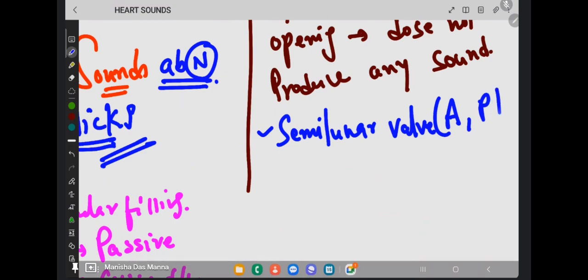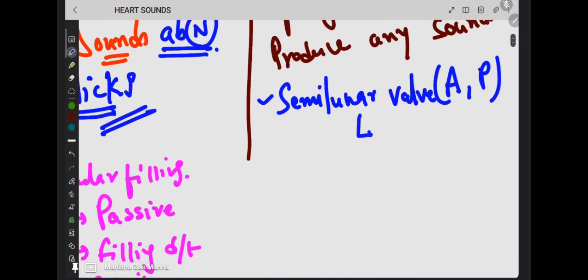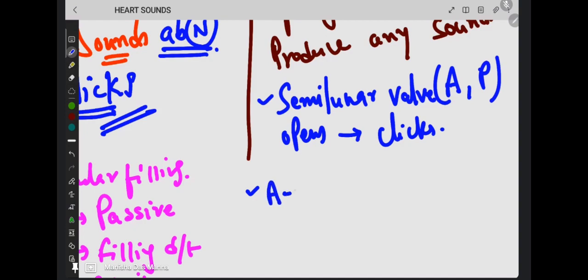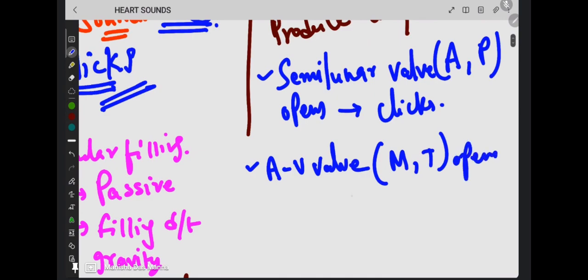If the semilunar valve opens, sorry, I'm extremely sorry, if the semilunar valve opens, it leads to clicks. And if an atrioventricular valve, meaning mitral and tricuspid, opens, it leads to snaps.